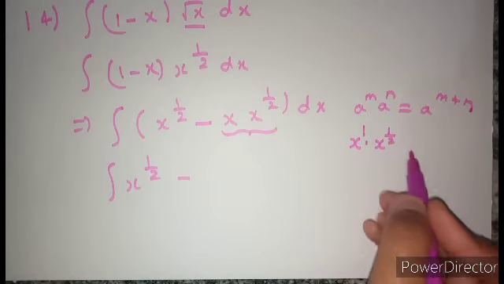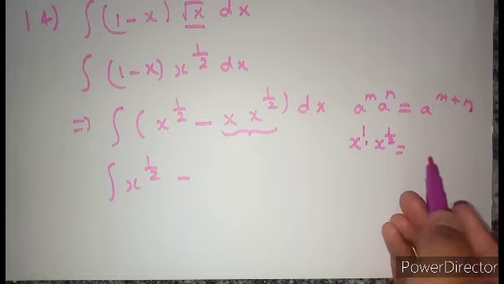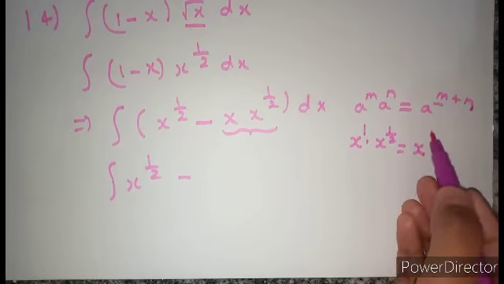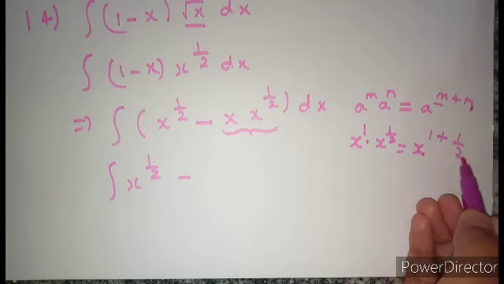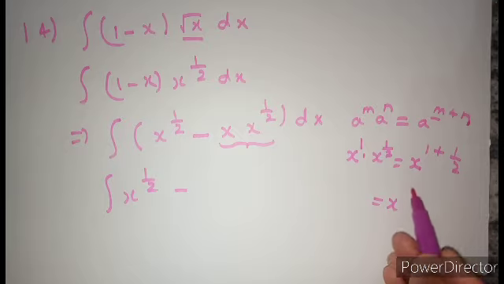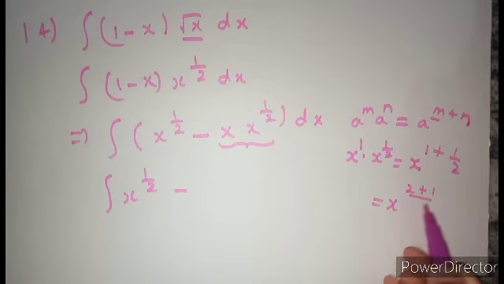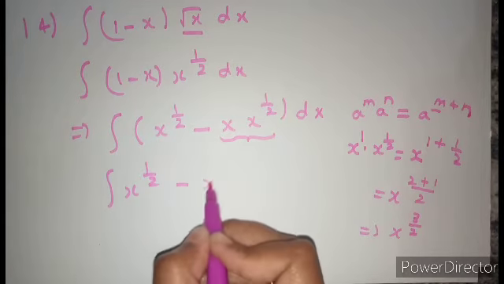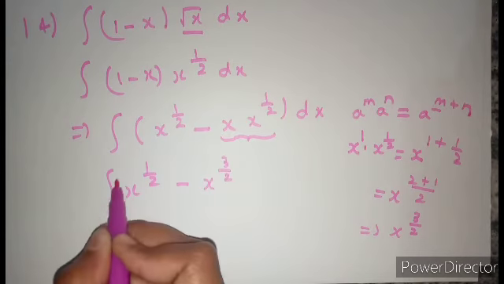In place of m we have 1 and in place of n we have 1 by 2, so it is x to the power of m plus n, that is 1 plus 1 by 2, which implies 2 plus 1 upon 2. So we have got 3 by 2. Right, here x to the power of 3 by 2 dx.